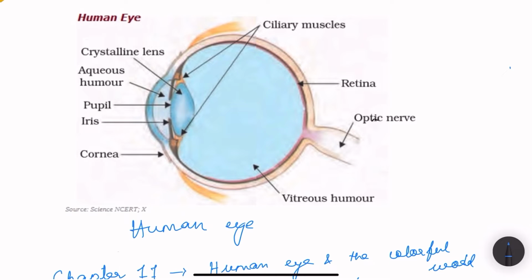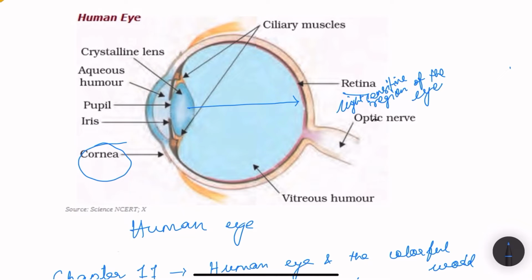The light enters the eye through a thin membrane known as the cornea, and the lens forms an image on the retina, which is the light sensitive region of the eye.